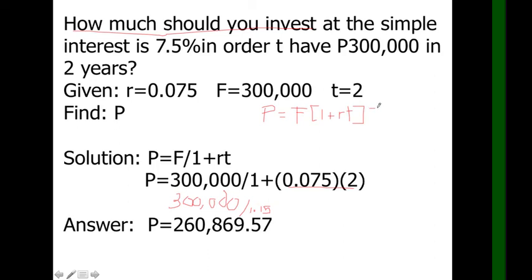Right? Okay. So, just write first the given doon sa ating formula. So, we have F, 300,000, R is 0.075, and T equals 2. So, first, isolve mo muna yung dito. So, I think yung makukuha mo dito is 1.15, right? So, we have 1.15.